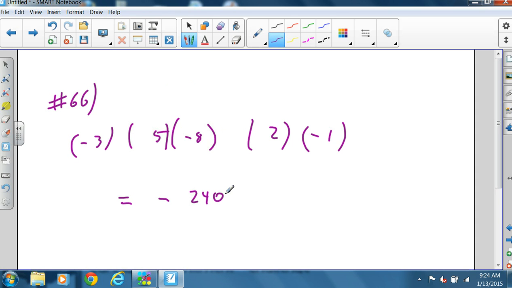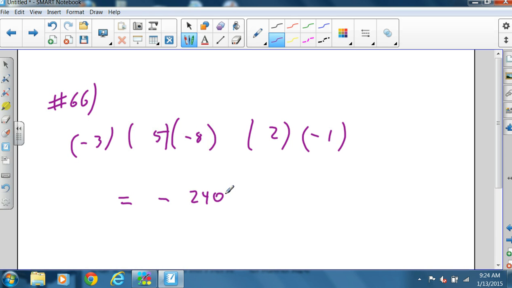Now, there's a difference in your calculator between the subtract key and the negative key. So this minus 3, we have to put in with the negative key. Minus 3 times 5 times minus 8 is the same way, times 2 times minus 1, equals. And because I put it in with the negative key, not the subtract key, I get minus 240.